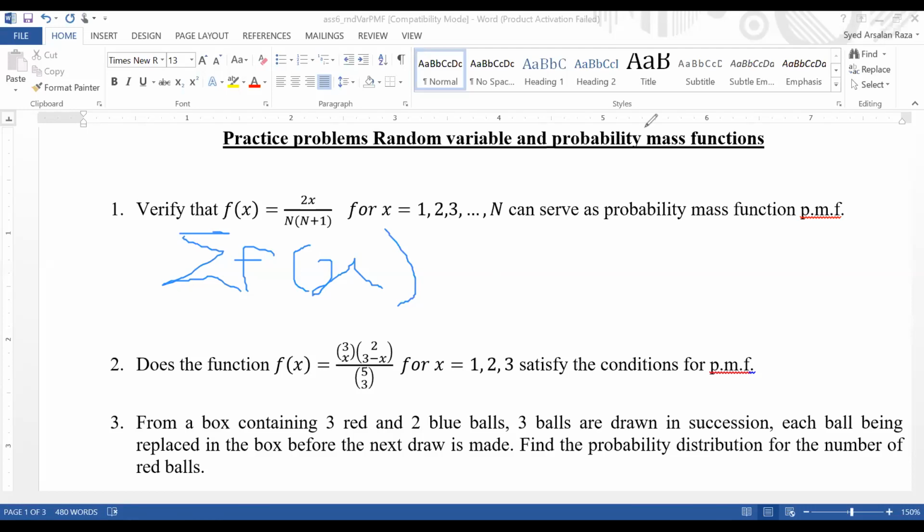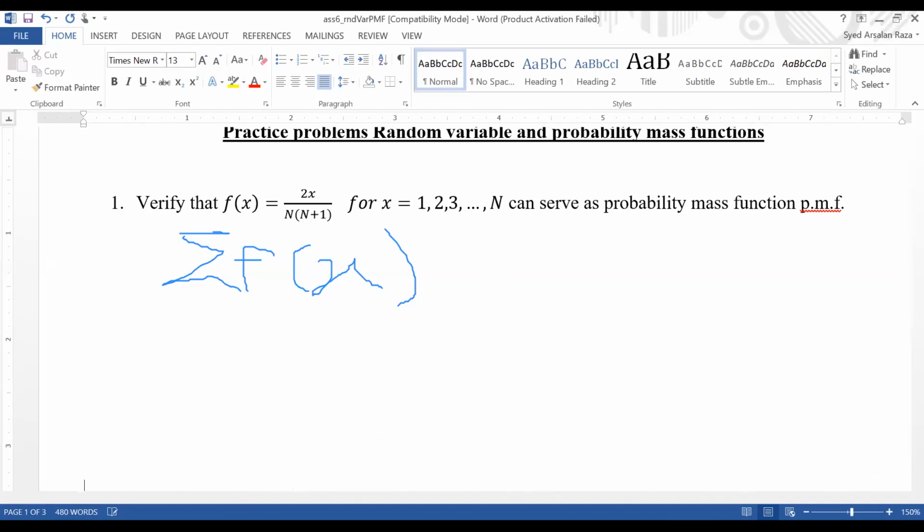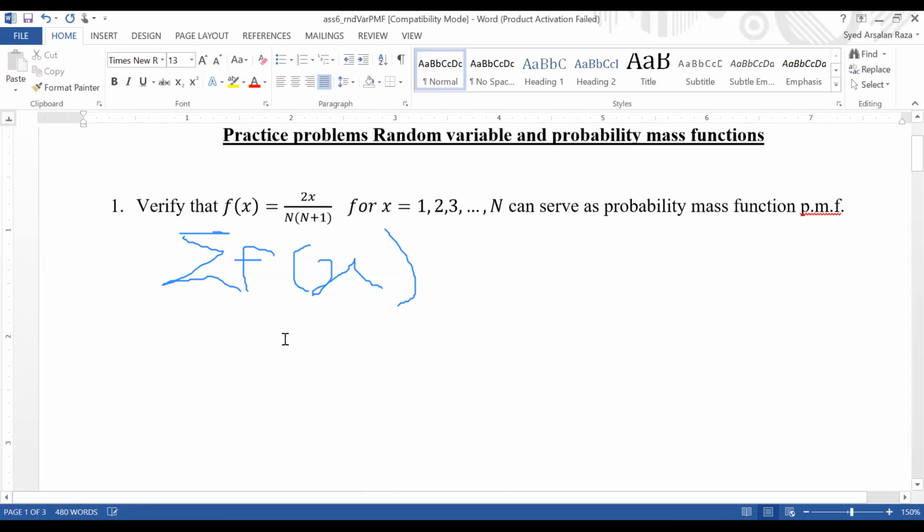So how can you compute this sum? We have to put the values here in such a way that we get the expanded form. What will be the expanded form?